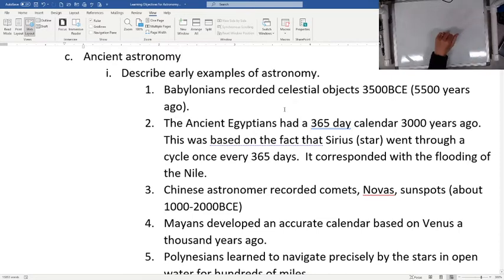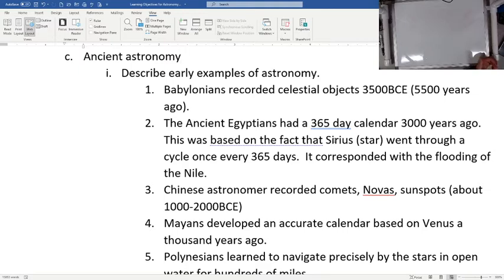Already the ancient Egyptians had a 365-day calendar 3,000 years ago. It was based on the fact that the star Sirius, the dog star, the star in Canis Major, the brightest star you can see from Earth, went through one cycle every 365 days.